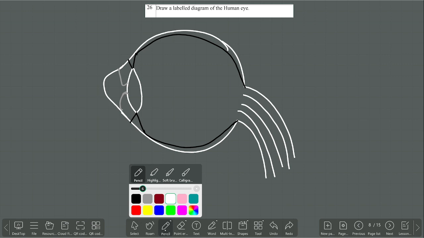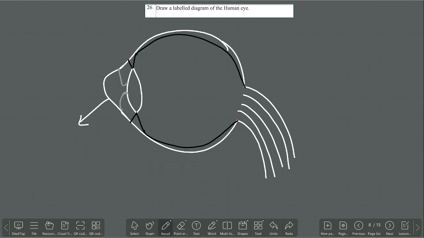Here the bulged part over here, that part we call the cornea, and a dark muscular diaphragm will be there. This part we call the iris, and in the middle of the iris there will be a hole-like structure. Through that only the light passes to the lens. That part we call the pupil. That means this one controls the amount of light, and here a muscle will be there.